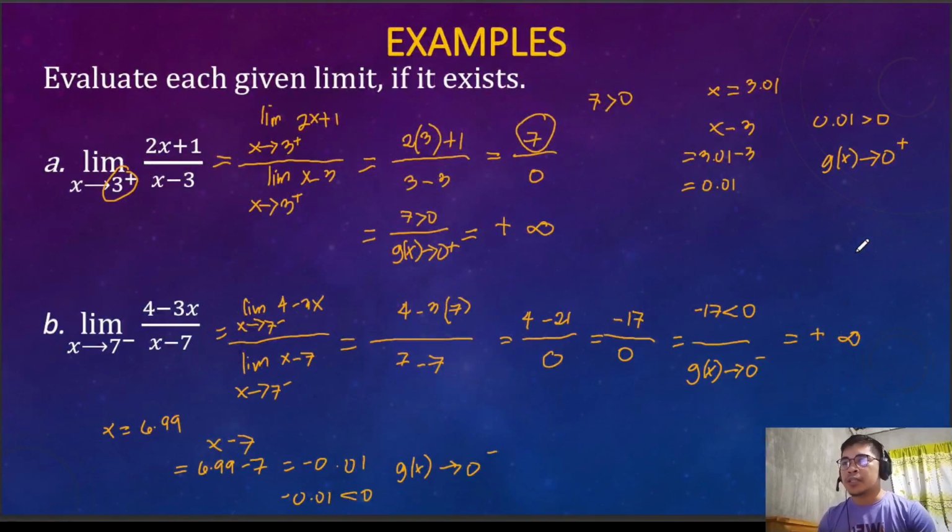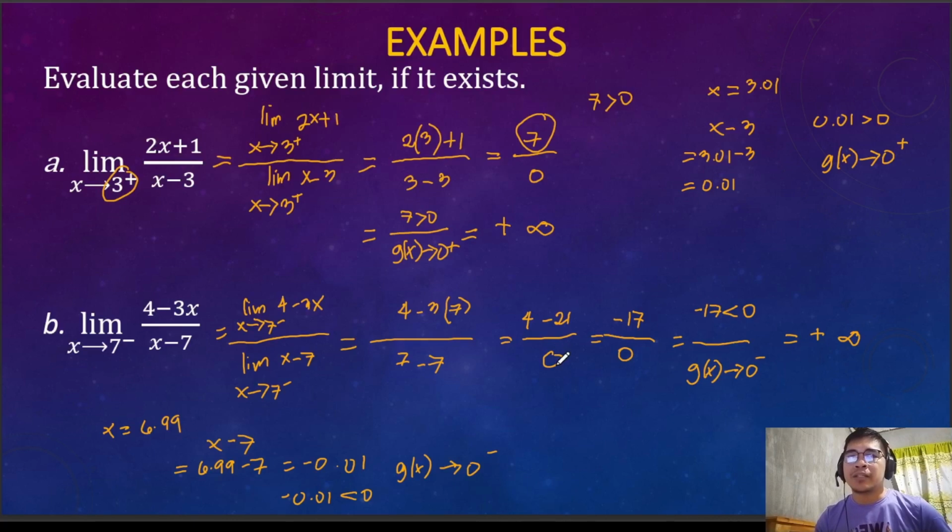So first, get the limit of the numerator and denominator. Next, determine if our numerator, the constant, is greater than or less than 0. Next, our denominator. Identify if it is from the left or from the right of 0.